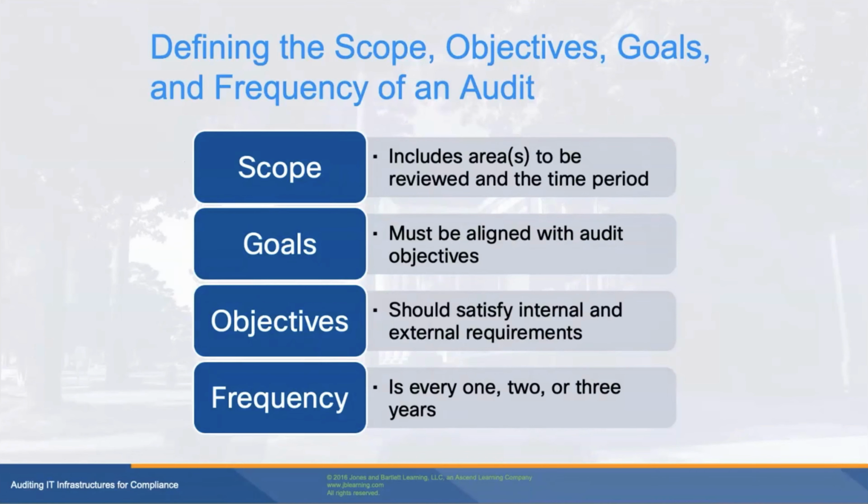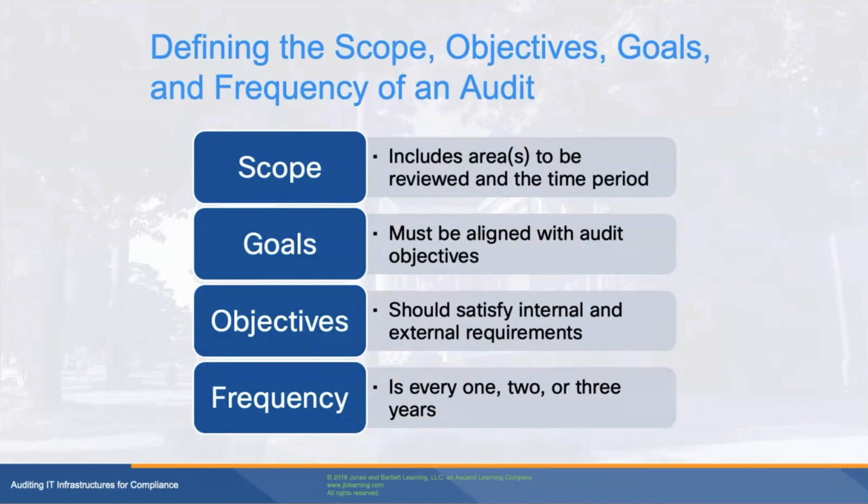The objectives of this audit should be able to satisfy the audit requirements for GLB or HIPAA, whatever that regulation is. So there's no point in doing an audit if it doesn't look at the things that we need to be looking at for the different regulations or policies that we're checking.